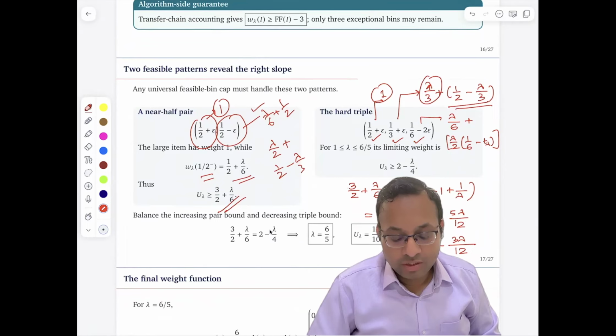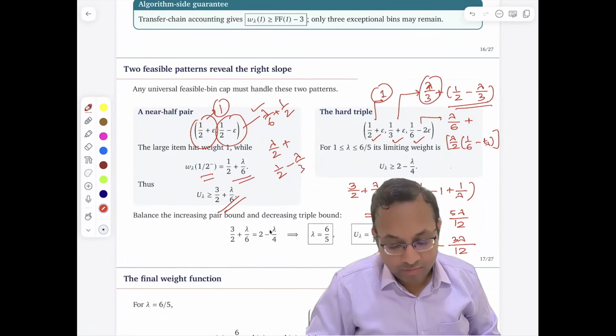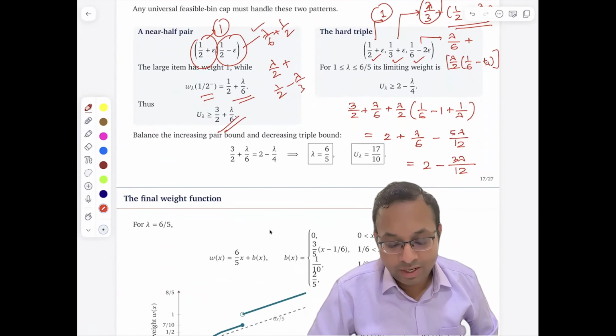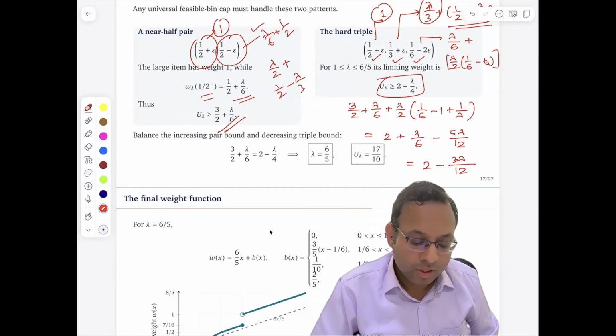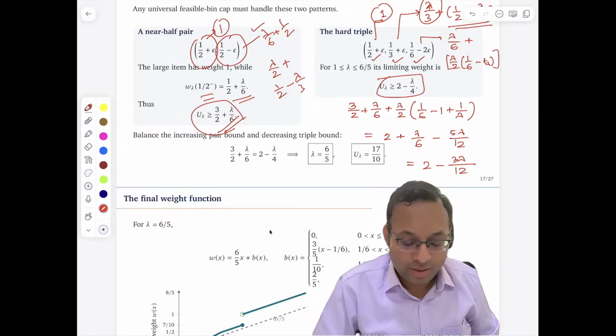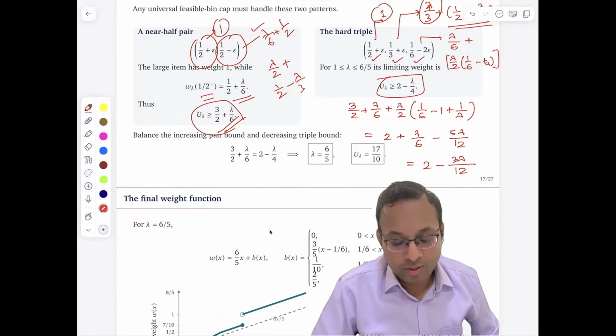And if we look at 1/6 minus 2 epsilon, roughly we get lambda by 6 from the weight, and then there is a bonus, which is lambda by 2 times (1 minus 6 minus t lambda). If we expand, we get t lambda is 1 minus 1 by lambda. And then if we do these calculations, we'll find the value to be 2 minus lambda by 4. So in one case, we are getting at least 3 by 2 plus lambda by 6. In the other case, we are getting at least 2 minus lambda by 4.